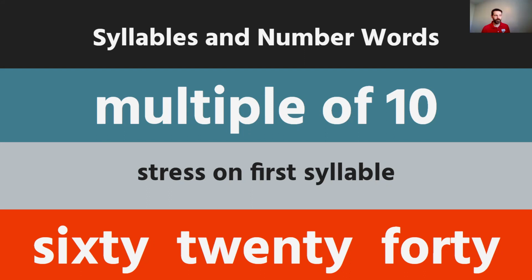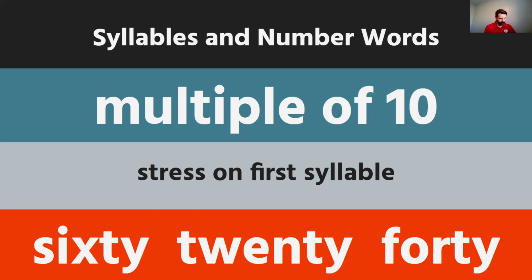If a number is a multiple of 10, and we often see it in the written system represented by a TY at the end of the word, then we stress the first syllable. Sixty, twenty, forty. And so what we're hearing here is that first syllable, the six, gets a lot of stress, but then the second syllable, D, is quieter.